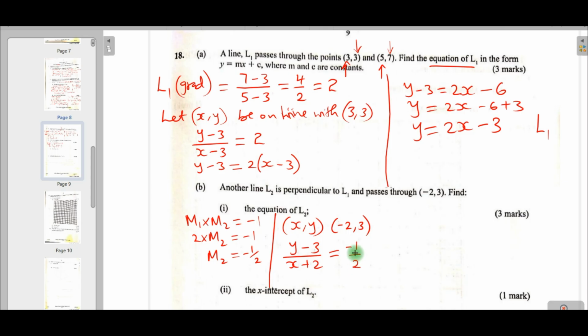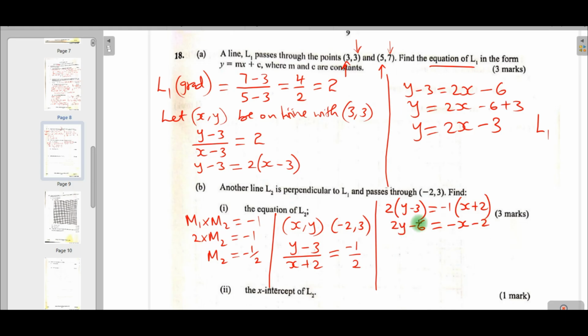You can decide either the numerator or denominator to have the negative sign, it doesn't matter, but you cannot use it on both. Then from there we cross multiply, we shall have 2 multiplied by (y minus 3) equal to -1 multiplied by (x plus 2). Opening the brackets, we have 2y minus 6 equal to -x minus 2.